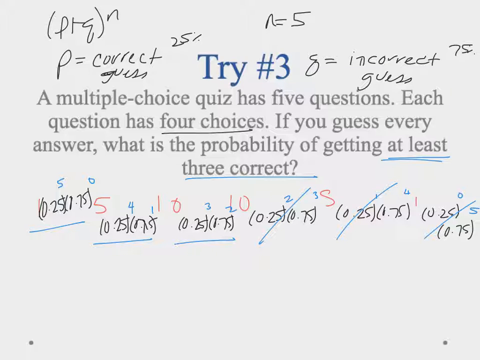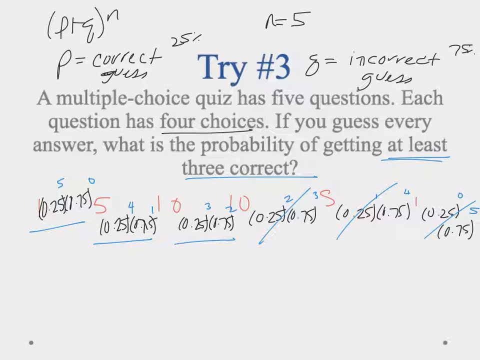And then I'm going to add that to 5 times 0.25 to the 4th times 0.75. And then again, I'm going to add that to, actually, I forgot.